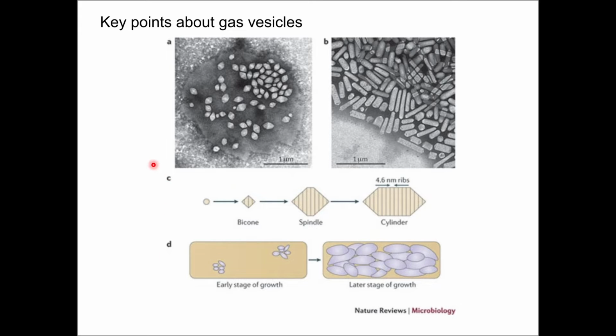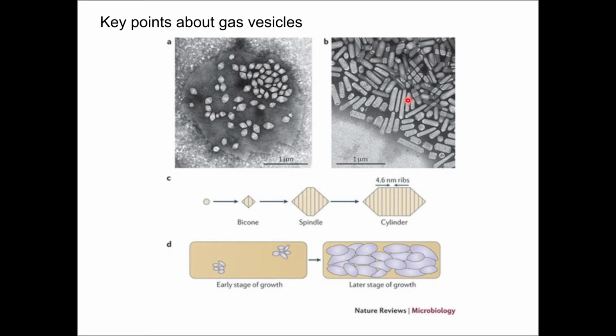Okay, so these are not foreign structures that haven't been studied before. People have known about these for a while. On the top are two electron micrographs looking at bacteria. On the left are the early stages of the formation of these gas vesicles. On the right are the late stages.